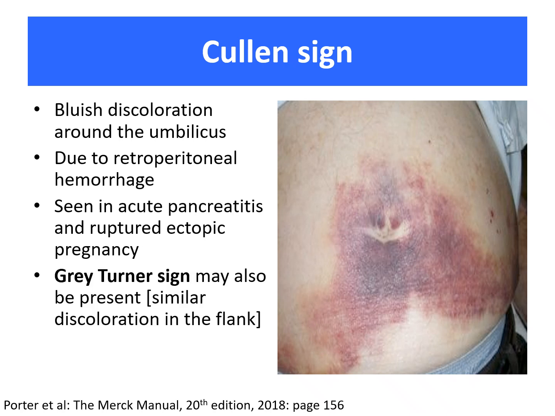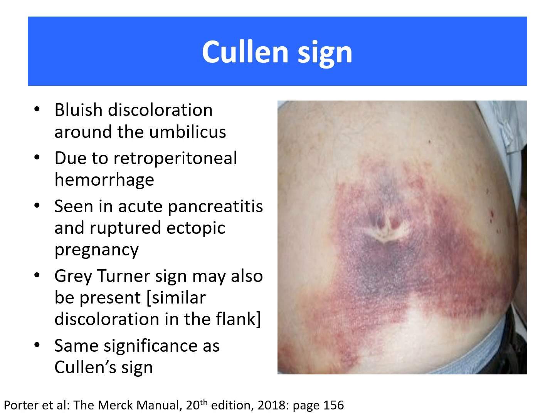discoloration around the umbilicus. Gray Turner sign, due to the same retroperitoneal hemorrhage, causes a similar discoloration, except it is in the flanks, at the sides here, not around the umbilicus.